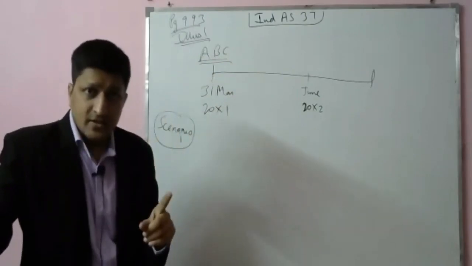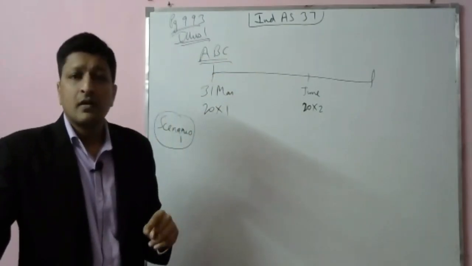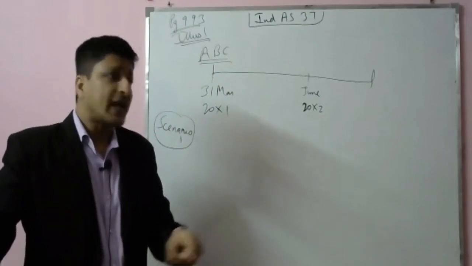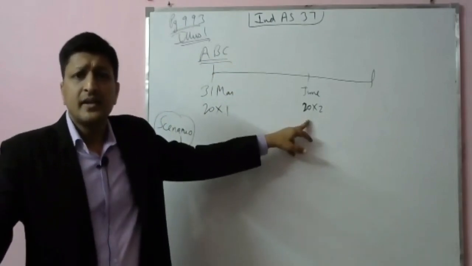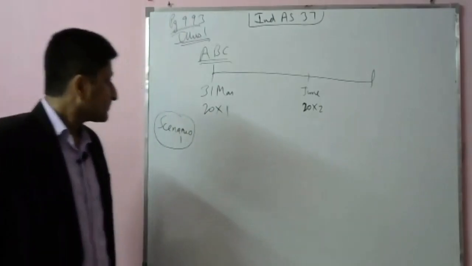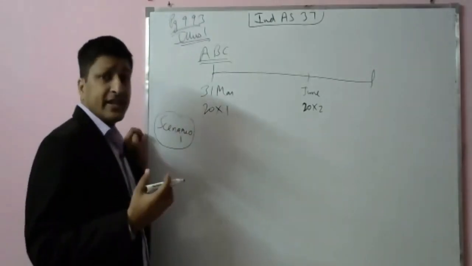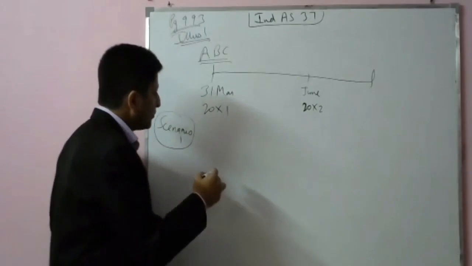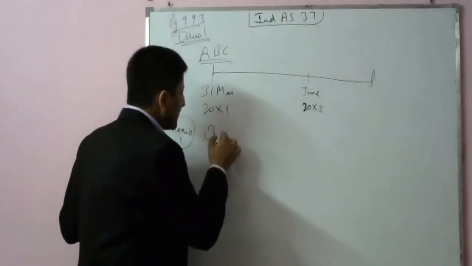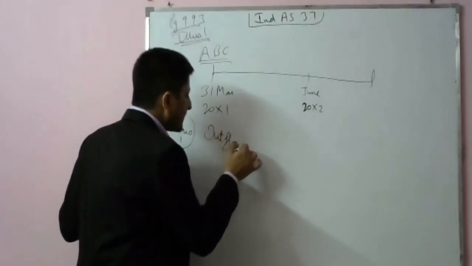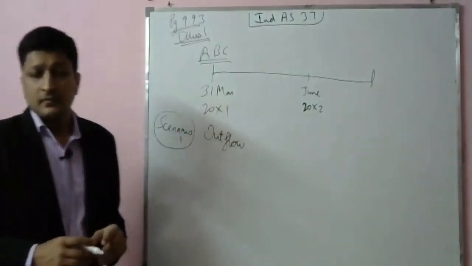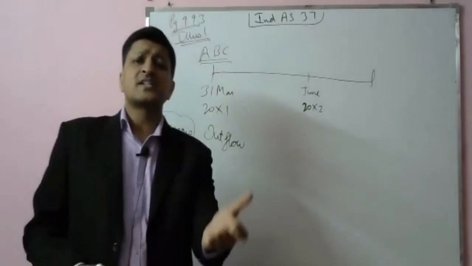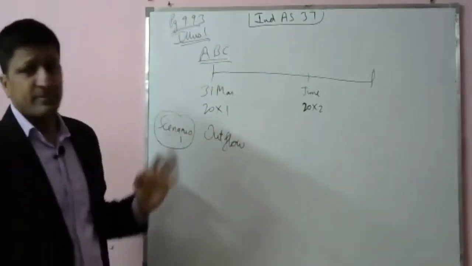Penalty may arise on ABC. But when will that penalty arise? In June 2002, when there will be a delay. So, will there be any penalty? No. So, can we say, looking at 31st March 2001, any outflow is expected on the part of ABC?